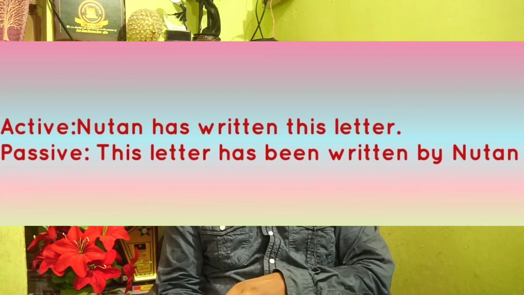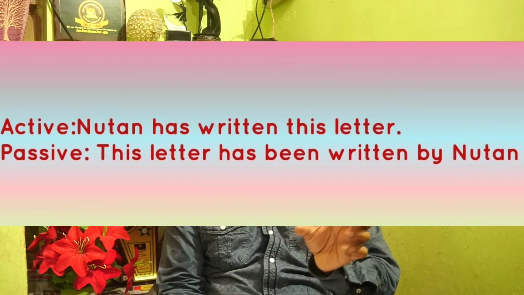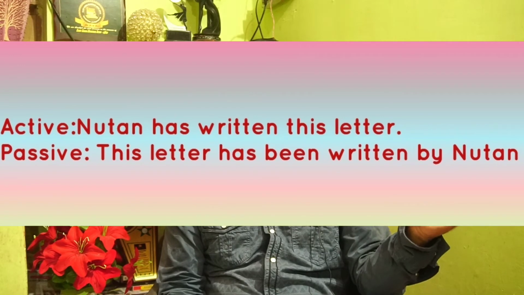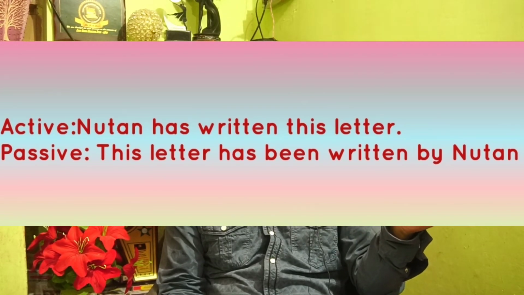I'll give you another example, and that kind of sentence is present perfect tense. The example is Nutan has written this letter. When we use has, have, had, we call it perfect tense, present perfect tense. So we'll bring the object here, this letter. Then the auxiliary verb is has.